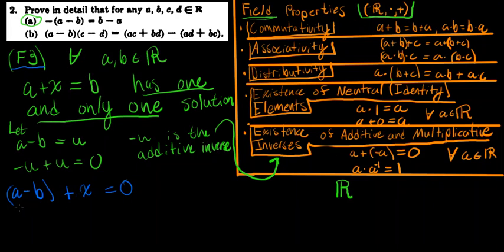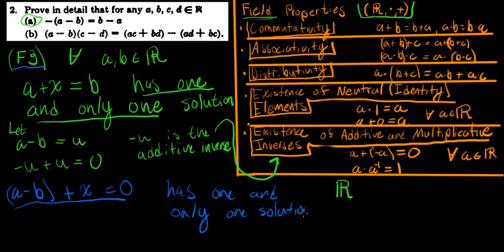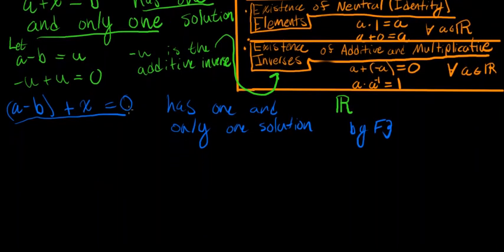But this, by F3, has one and only one solution. And I'm going to say by F3, a minus b plus x equals 0 has one and only one solution.